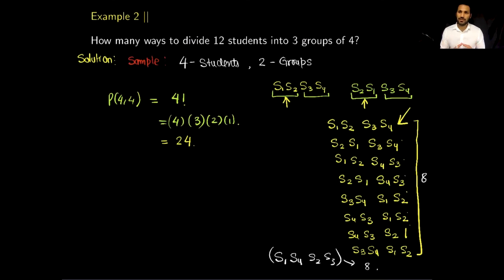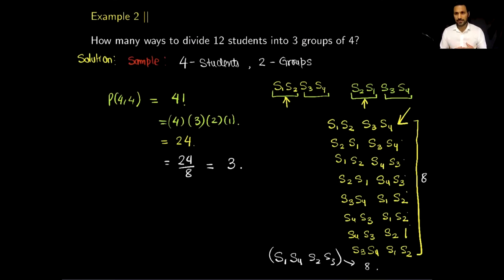So the whole set of permutations can be divided into 3 groups, and each group will have exactly 8 repetitions. By the division rule it will be 24 divided by 8, which equals 3. So there are only 3 distinct ways we can create 2 groups from 4 students, so that each group will have 2 students.